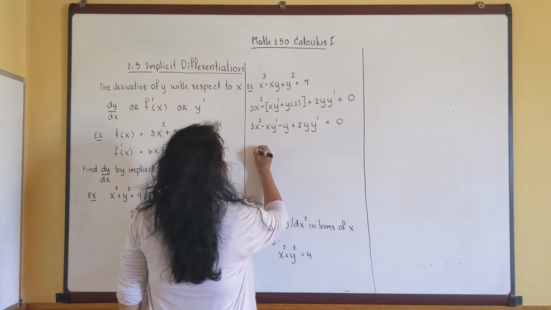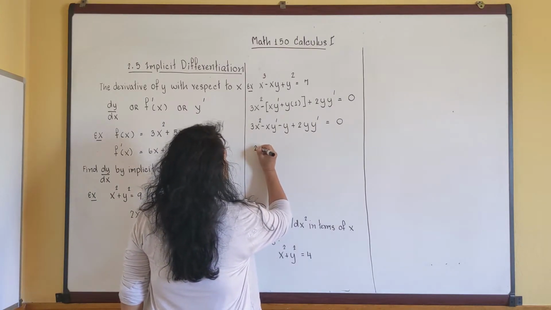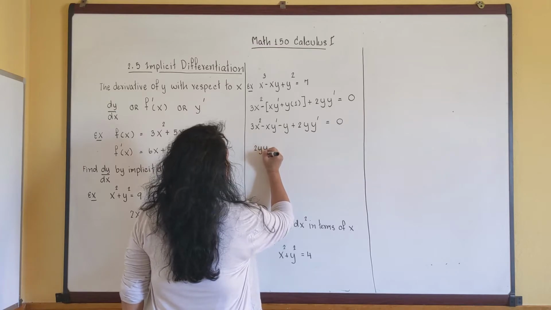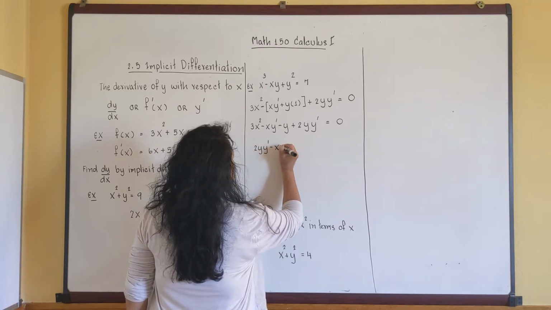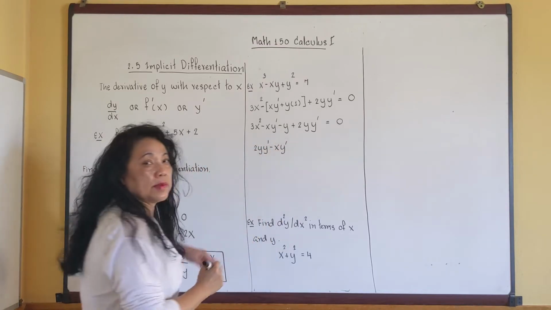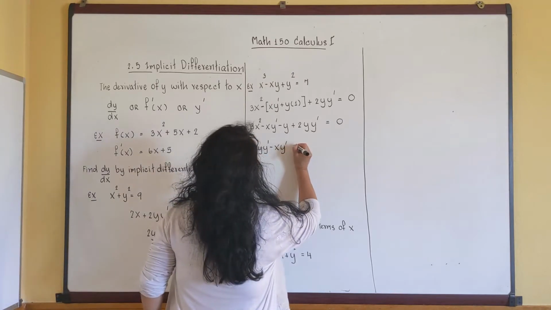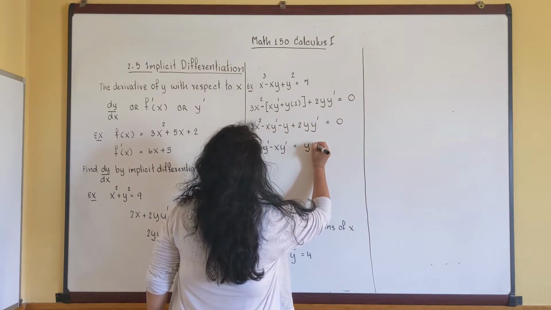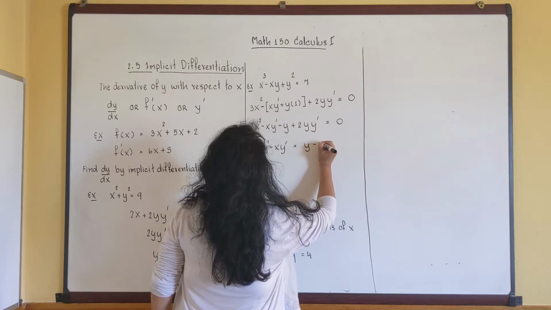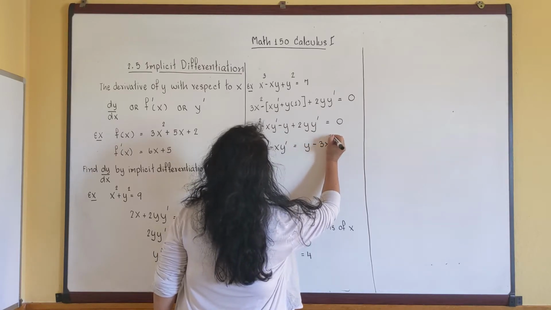Let me keep my number positive, so I'm going to have 2y y prime minus x y prime on one side, and everything else on the other side, which is y minus 3x squared.